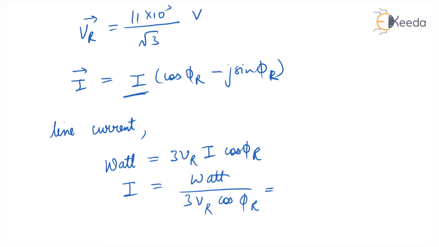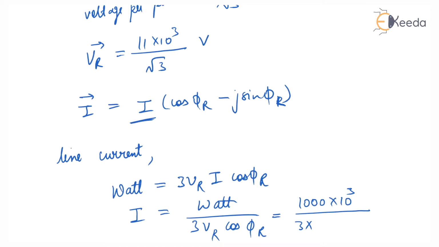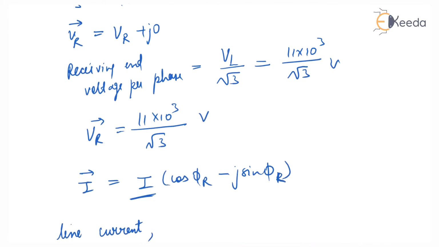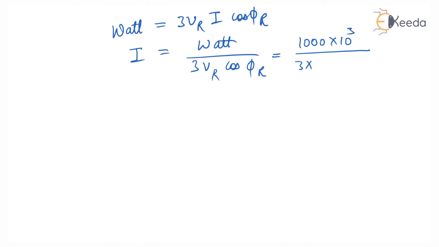That is 1000 into 10 to the power 3 watt upon 3 into Vr, which is 6351 volt, into 0.8. Cos phi is given 0.8 lagging. So this is equal to 65.6 ampere.